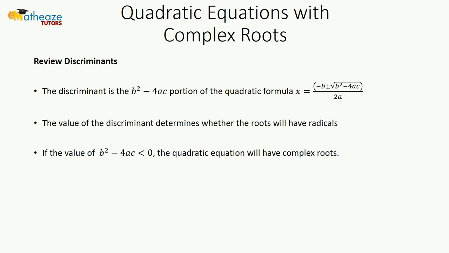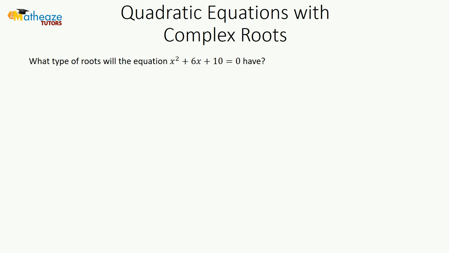So we have the equation x squared plus 6x plus 10 equal to 0, and we want to find out what type of roots it's going to have. So a is equal to 1, b equal to 6, and c equal to 10.